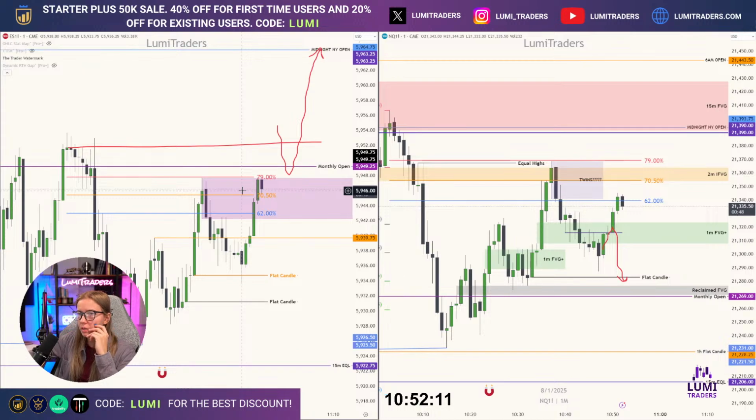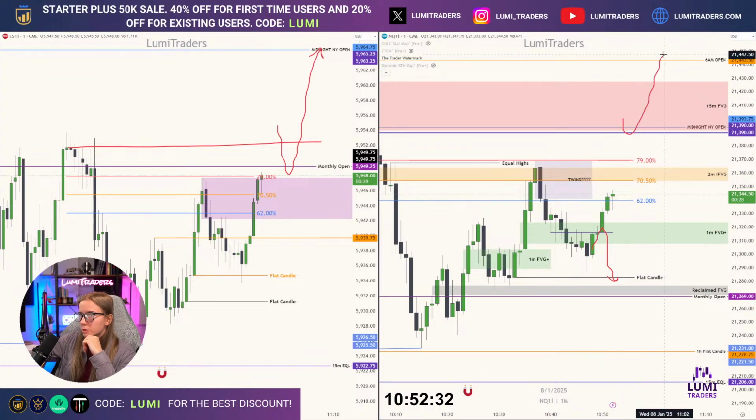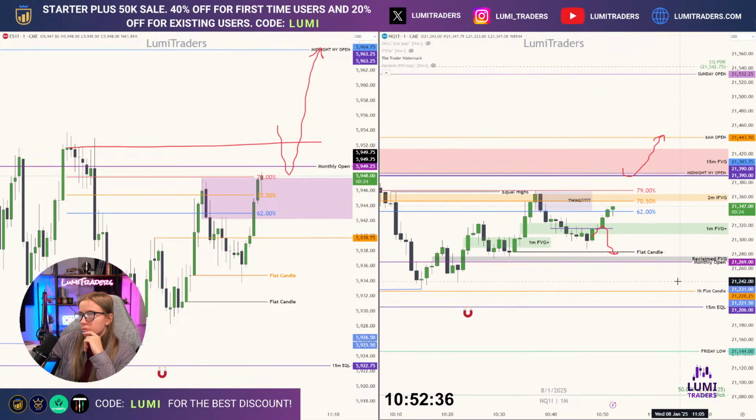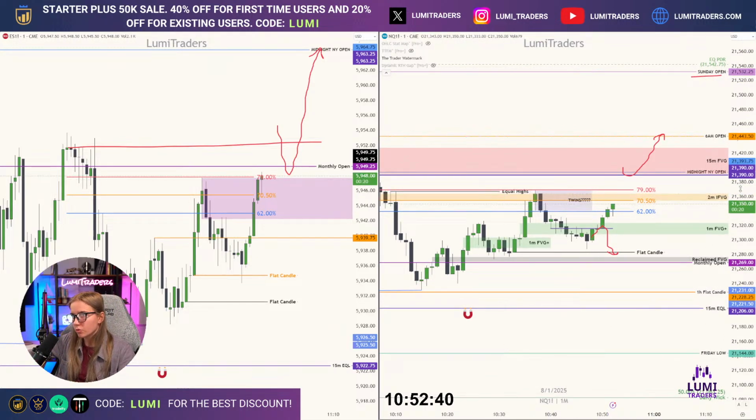I will flip my bias probably above this equal highs right here to aim for New York midnight open. And I will flip my bias on NQ above New York midnight open to aim for 6 a.m. open, possibly to weekly open, but not sure about weekly open right now.